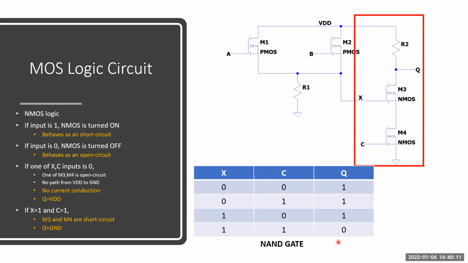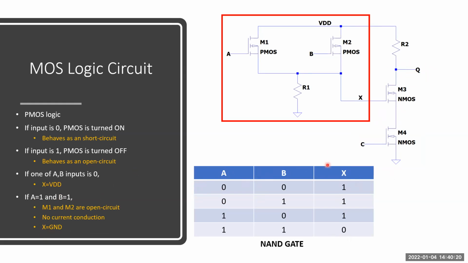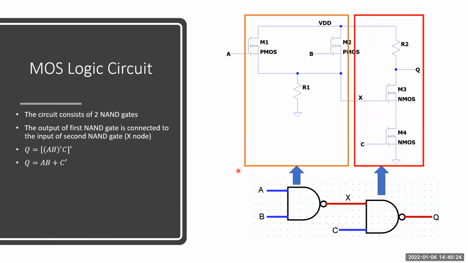As you can see, this is a NAND gate as well, but we built it in NMOS logic, and in the previous part we built a NAND gate in PMOS logic. This circuit consists of 2 NAND gates, and the output of the first NAND gate is connected to the input of the second NAND gate by node X. Okay, and this is the representation of this circuit.